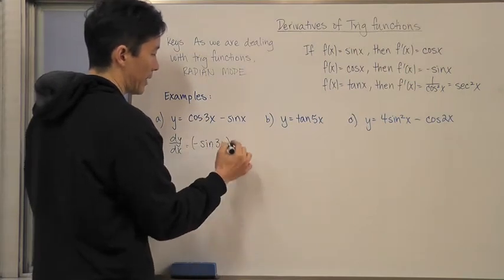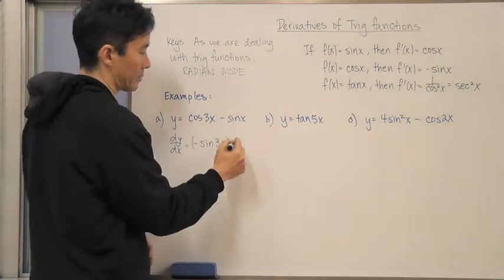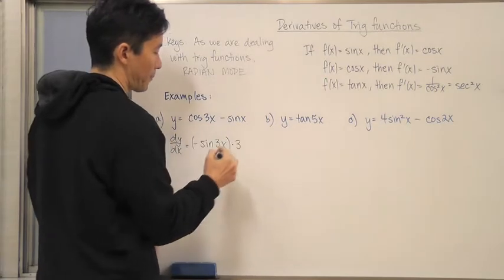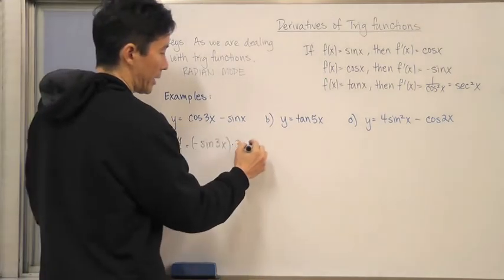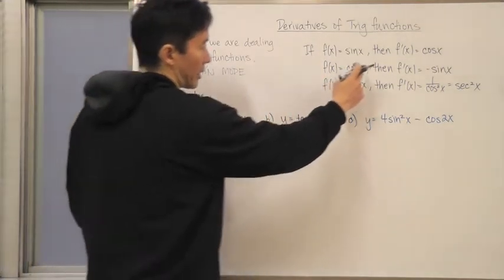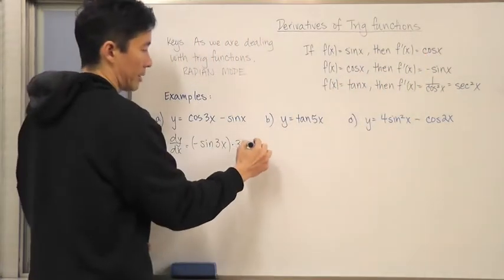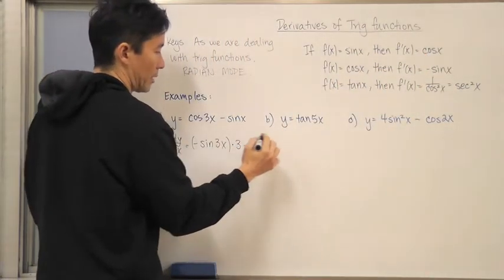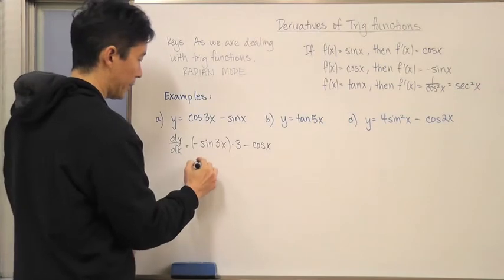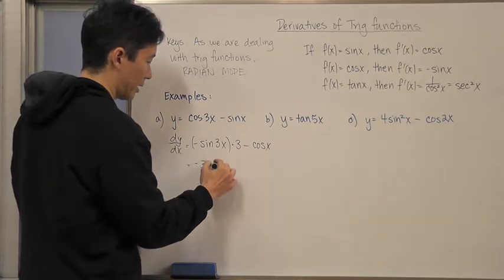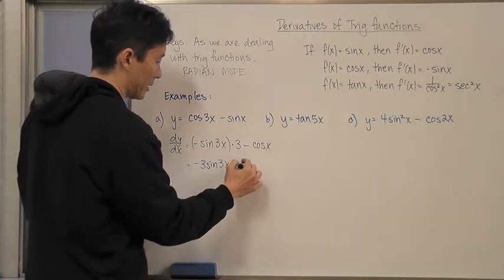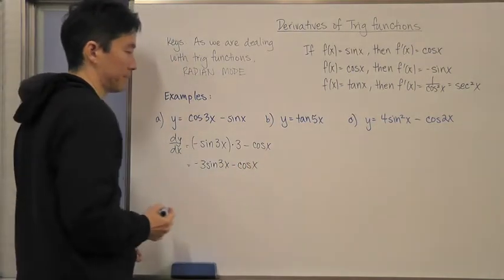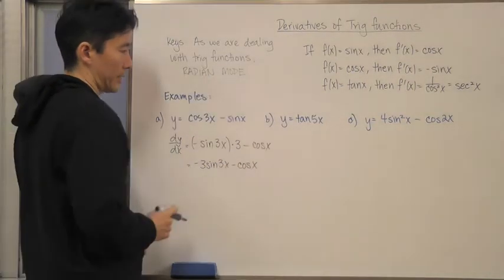I need to multiply that by the derivative of 3x, which is times 3. And then I have a minus, and the derivative of the sine is just going to be the cosine of x. Okay, so what I come up with is negative 3 sine of 3x minus the cosine of x.